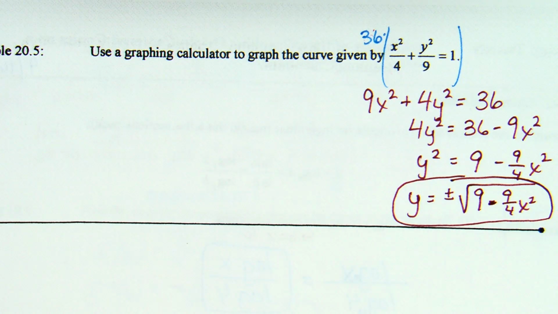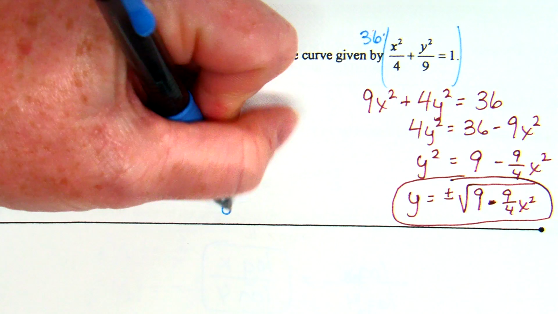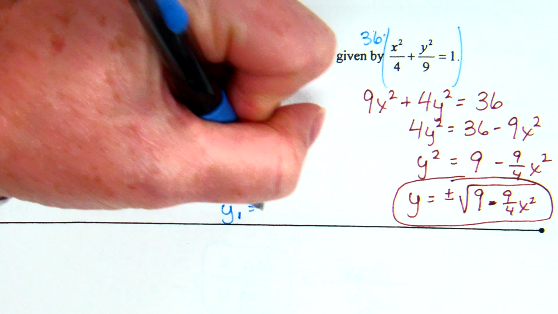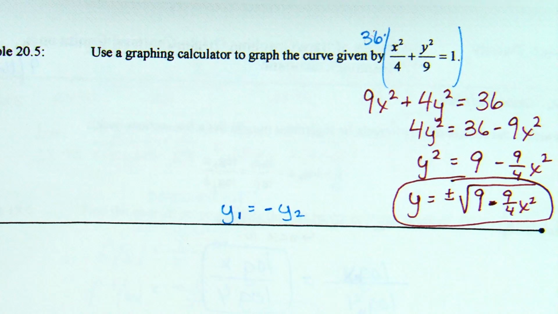The ellipse is when x squared and y squared are added. The hyperbola is when they are subtracted. Okay, so both x squared and y squared have the same sign. Remember again, this is a better example. We're doing y1 equals negative of y2. Might be more friendly, right?